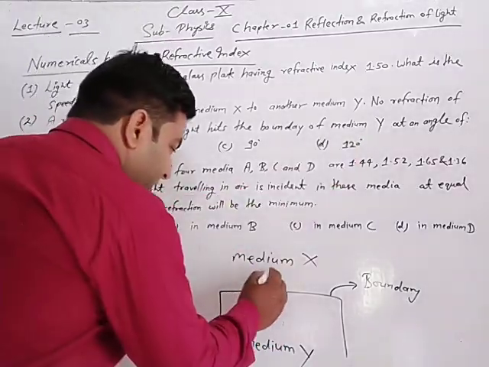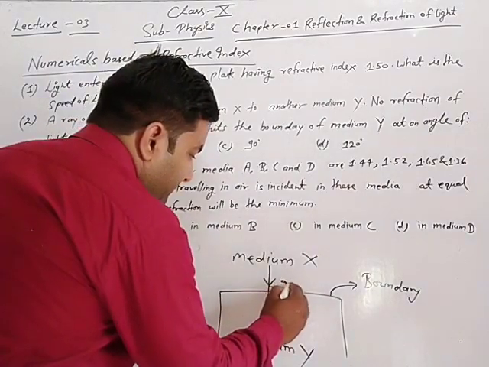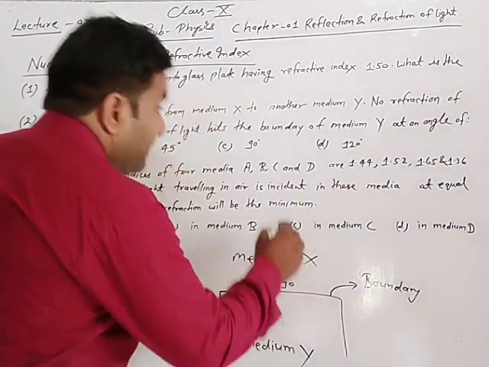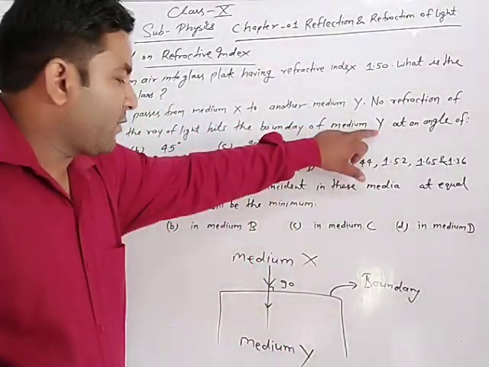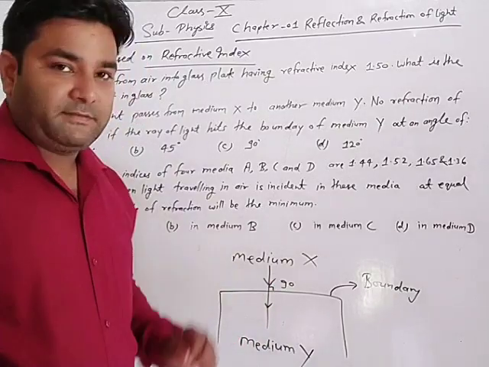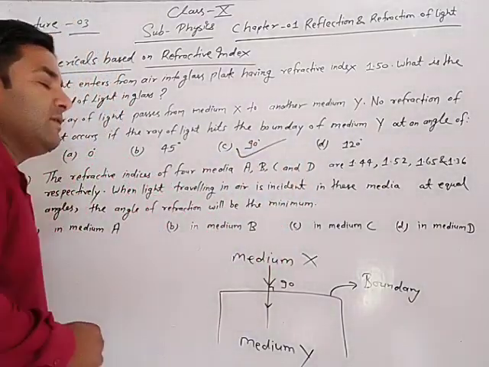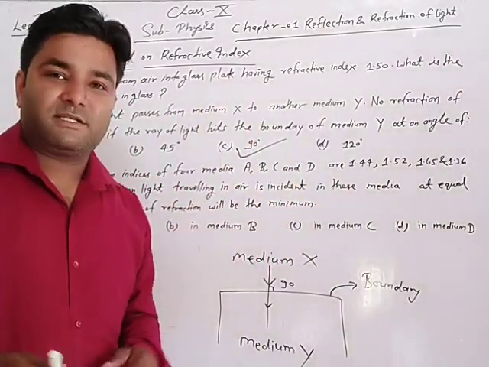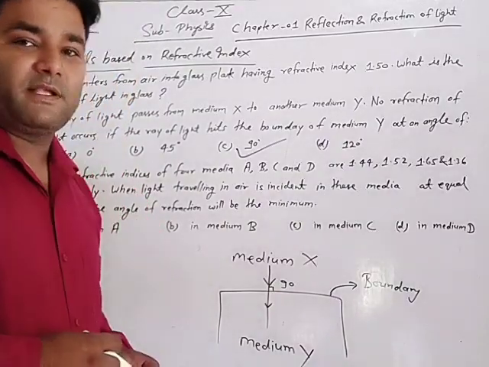It means when the light ray hits the boundary of medium Y at 90 degree, then there will be no refraction. If the question's concept changes somewhat, then the answer will also change.